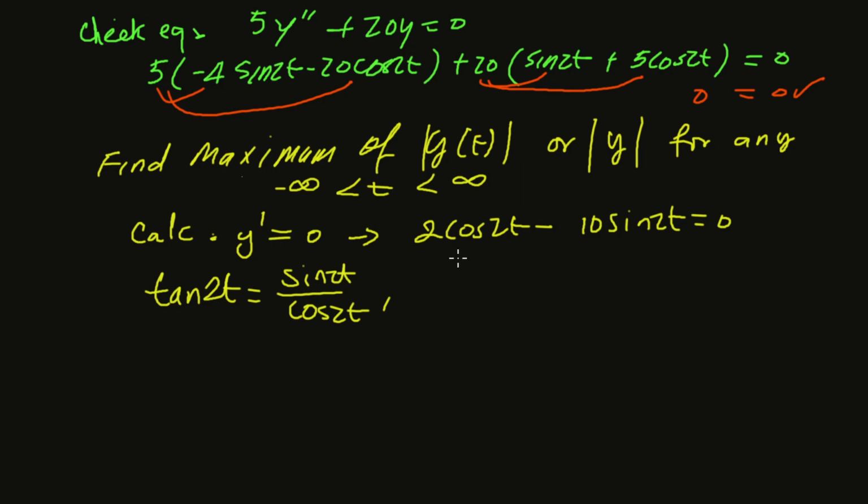So if cosine of 2t is not 0, and we can go through that detail, but for the sake of this video, to make it short, let's say there are a couple of checks to do, but if cosine of 2t is, of course, not 0, we can divide by cosine of 2t.